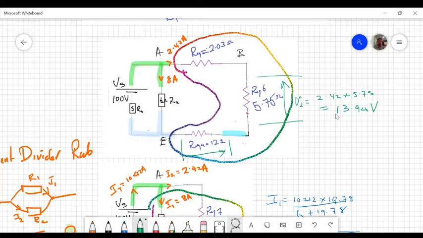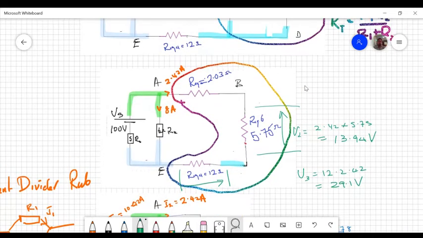So this voltage, let's call it V3, equals 12 times 2.42, and that will give me 29.1 volts. And I can say the same thing here. That's V3. V1.